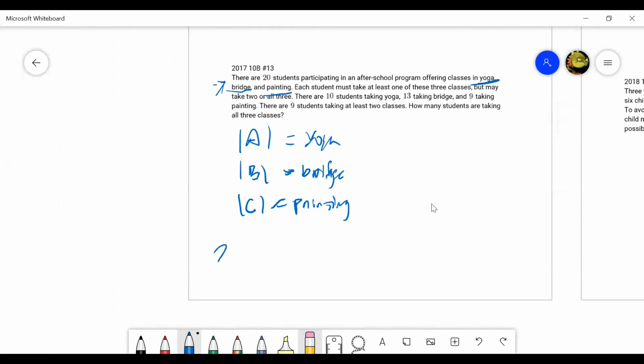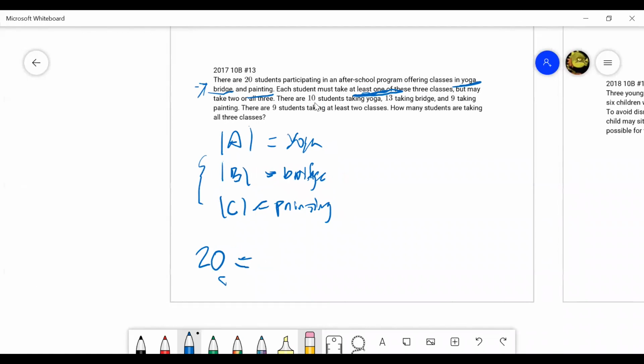So 20 should be on the left side because it's a union of all 3 of these. They're all the students in the program. Since they all take at least 1 of the 3 classes, they all have to be included. So that's why this is 20.